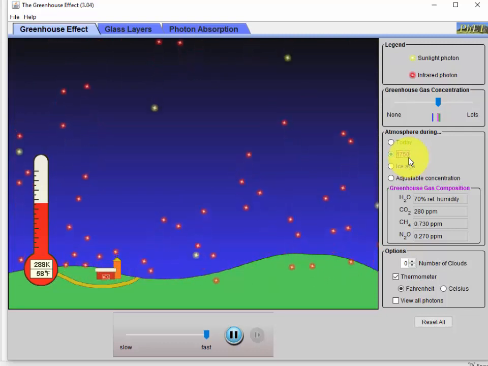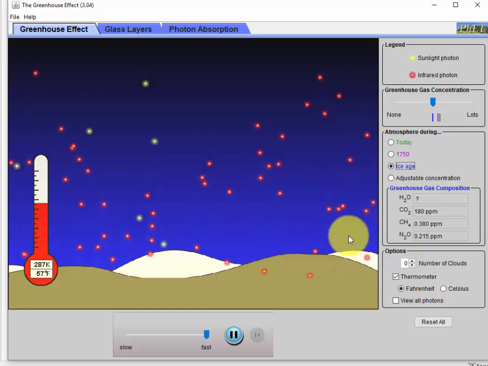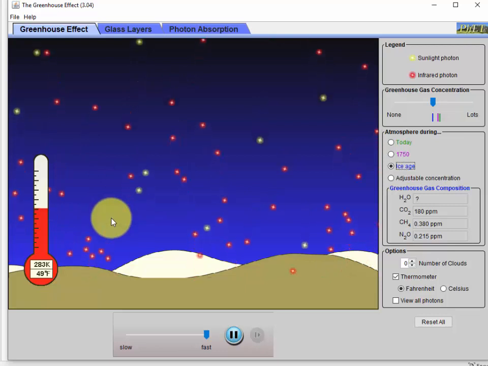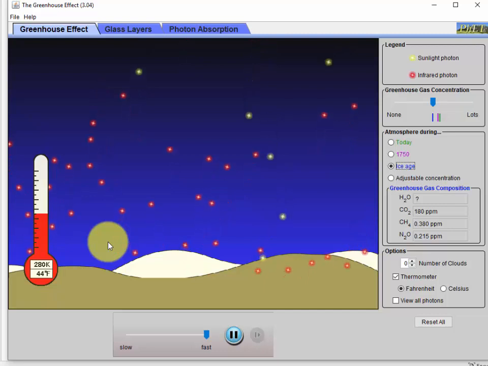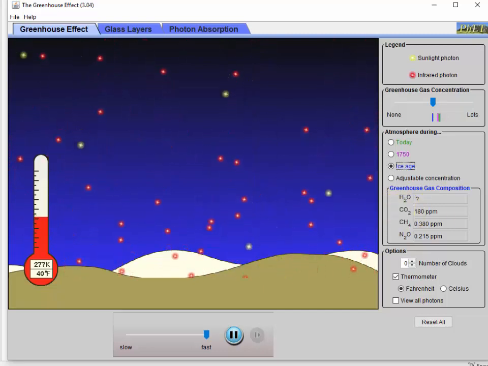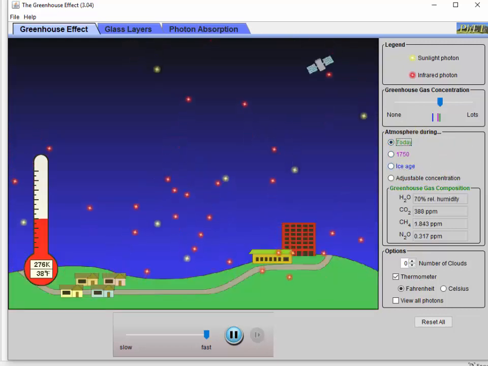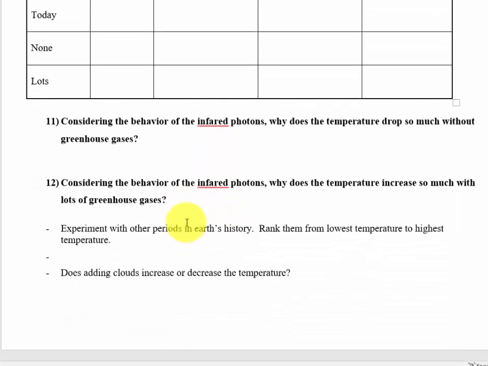It does seem to be very slightly cooler, but if we click on the ice age, then we start to see something happen right here, and we're paying attention to the path of the photons. I'm going to let this go back to today and let it stabilize while we take a look at this. So rank the temperatures for those, and now we're going to answer the question: does adding the clouds increase or decrease the temperature?